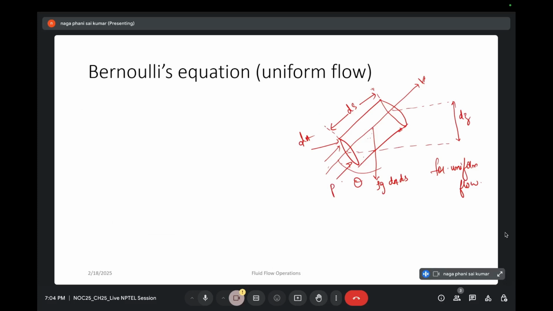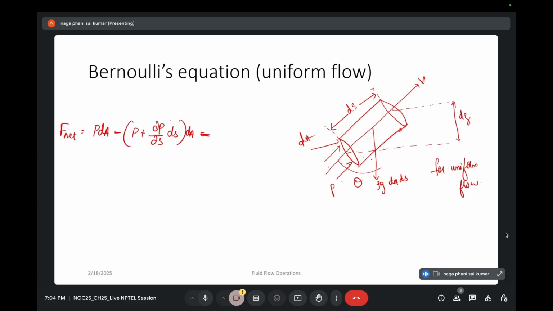Now the net pressure acting on the element will be F net equal to PdA, that is the pressure force that is acting, minus (P plus dou P by dou S into ds) into dA, that is the change in pressure force, minus the weight component.